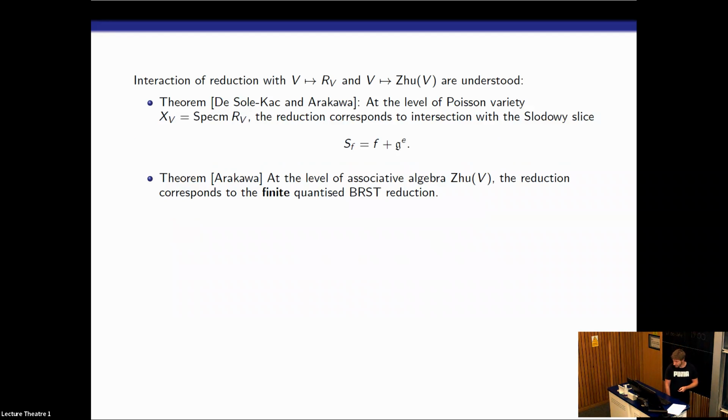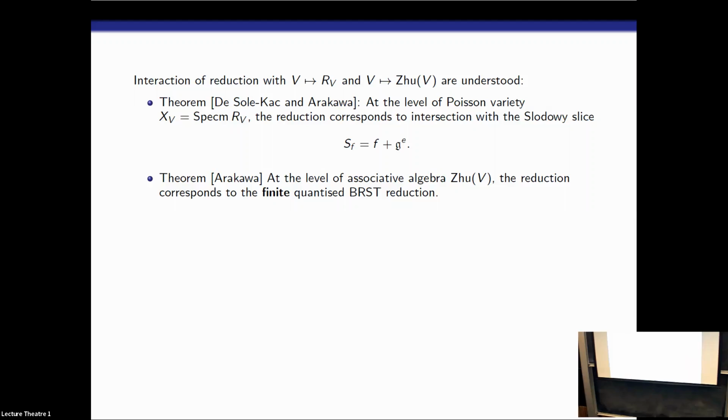So at the level of the associated Poisson variety, it's known from the results of De Sole and Kac and later Arakawa that what happens to the associated variety is just taking the intersection with the Slodowy slice of f. And at the level of the Zhu algebra, the vertex algebra Hamiltonian reduction corresponds to the finite quantized BRST reduction, the theory of finite W-algebras.